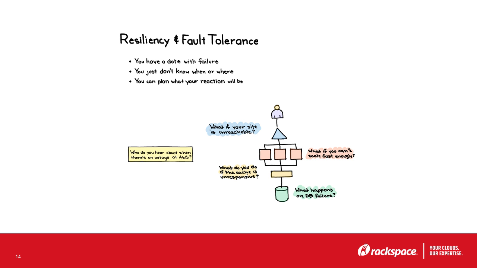At some point, every component in your system is going to fail, and you need to plan for that. I call it, you have a date with failure. It will happen in your system at some point, and you just don't know when it's going to happen or where, what level it's going to happen in, the extent of it, or how long it's going to take.